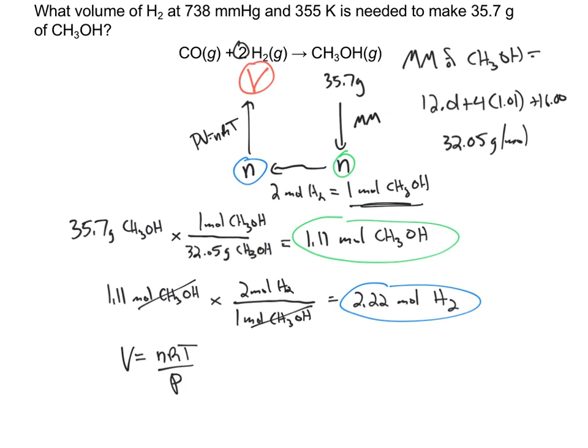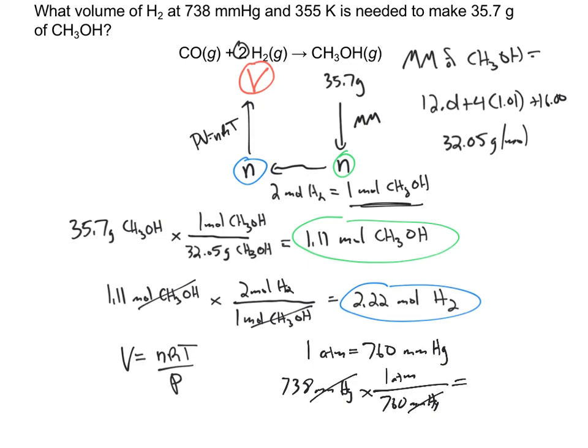This is a conversion factor I'd give you, but you may know that 1 atm is 760 millimeters of mercury. So I'll take my 738 millimeters of mercury, and my pressure in atmospheres is 0.971. So now I think I have everything I need.